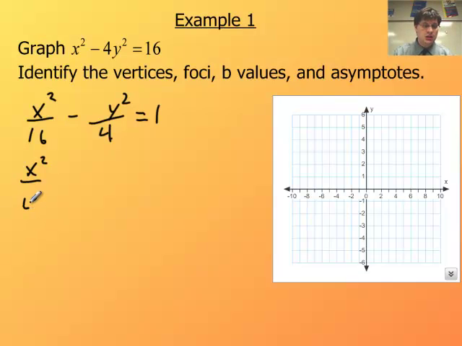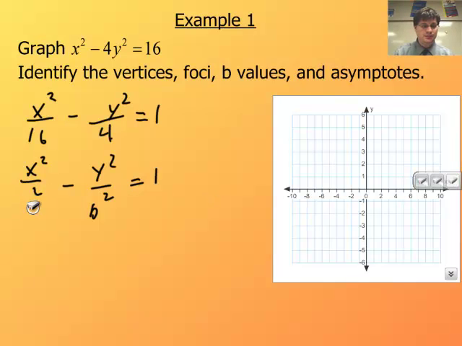And so I know that this is going to be in the form of x squared over a squared minus y squared over b squared equals 1. It doesn't matter because the a and b are always going to be in the same location when you're talking about hyperbolas.